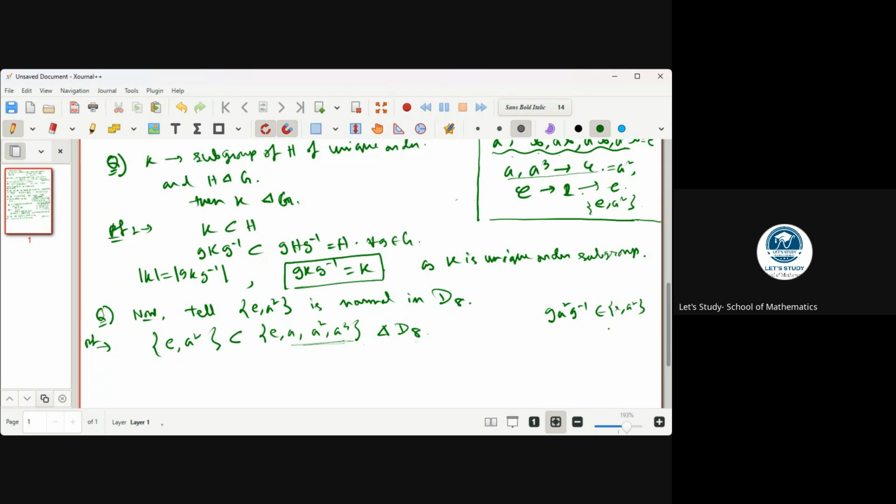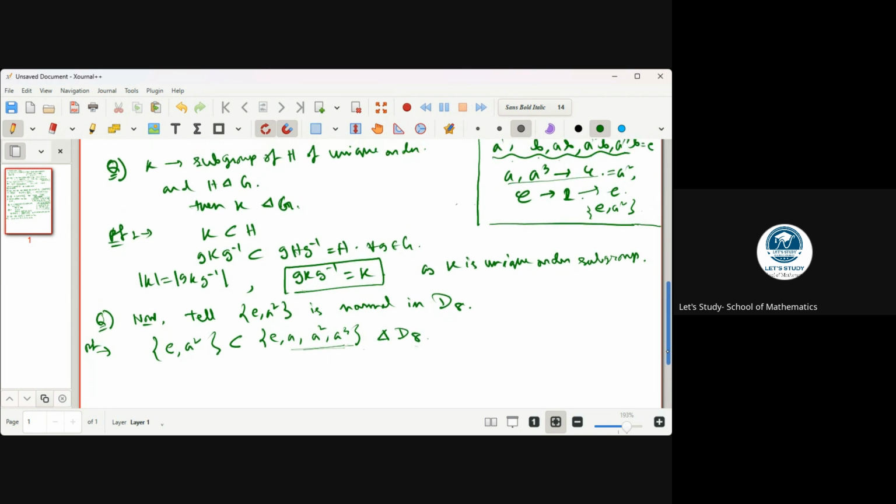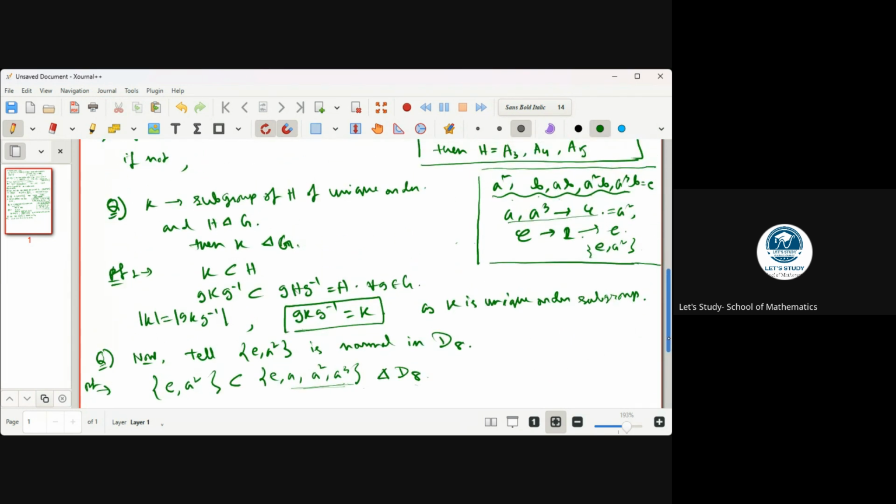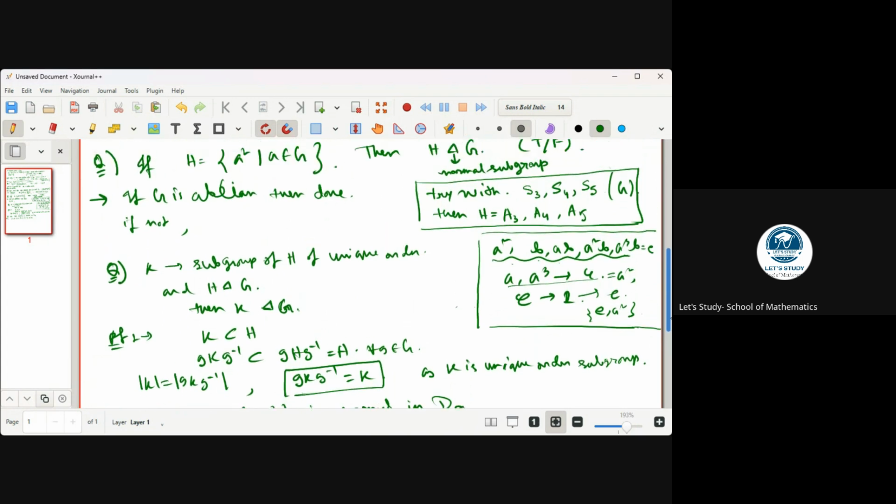Just prove this, but for all G this is checking. But there is a shortcut technique for that also. I am just saying that you don't need to do this. You can bypass all those calculations. There are many things you can bypass. These small techniques are very important in competitive exams.